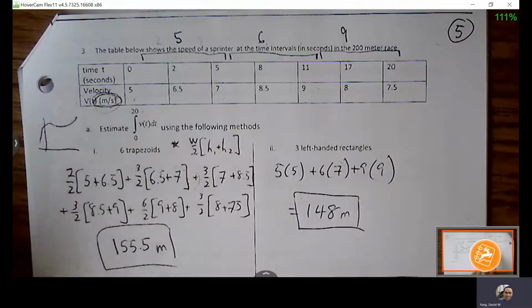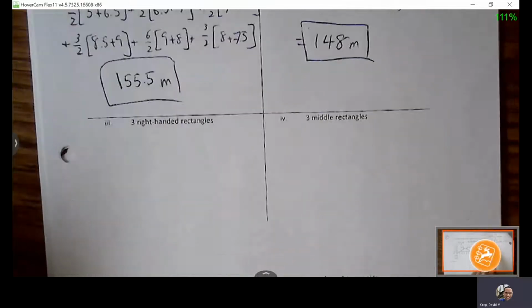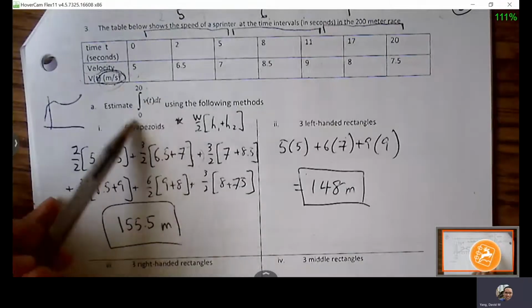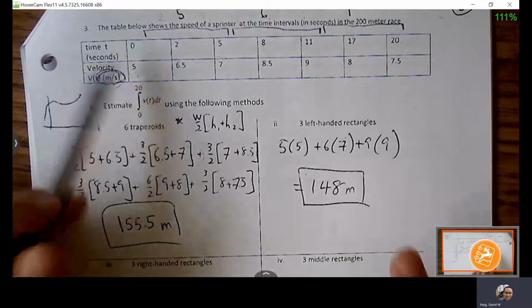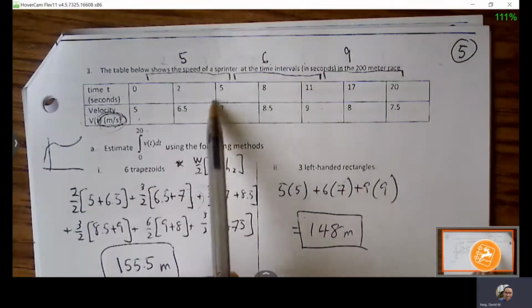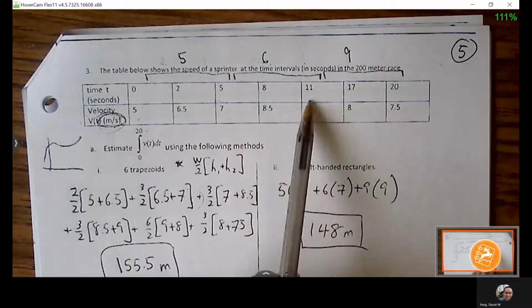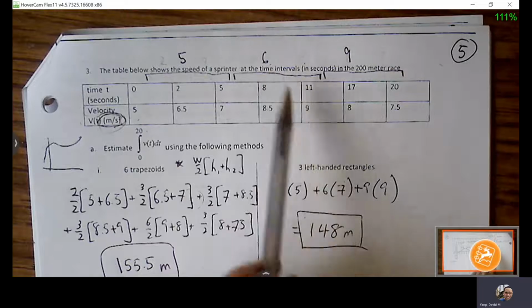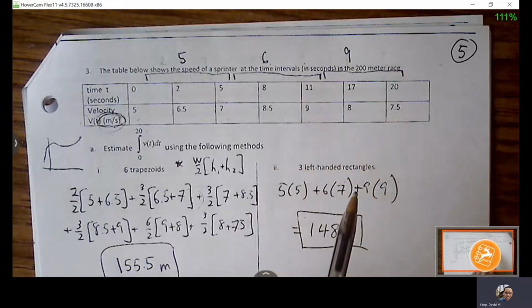Yeah. And then part number 3, right-handed rectangles. Still 3 rectangles, still the same interval. So we can take all the same widths, but we're going to shift over to the height on the right side. So 5 is the width, 7 is the height, 6 times 9, and 9 times 7.5.